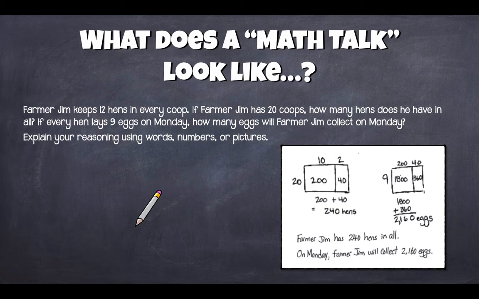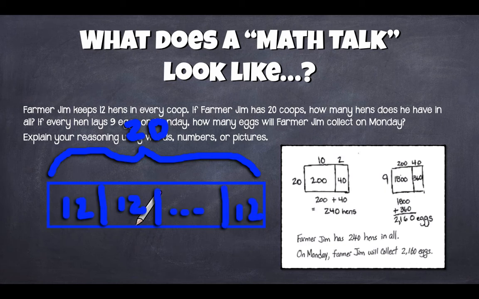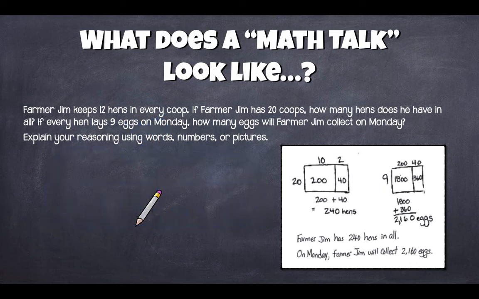So you read the problem, maybe you sketched out a tape diagram that had the 20 coops and the 12 hens in every coop, and you're going to do that 12 hens 20 times. However you're going to lay out the problem to get you thinking about what it is you need to do, then you actually have the strategy over here to the right that we're looking at and the final answer at the bottom. All of those things are good, paired with your verbal explanation of what it is that you did and walking us through the steps, okay?